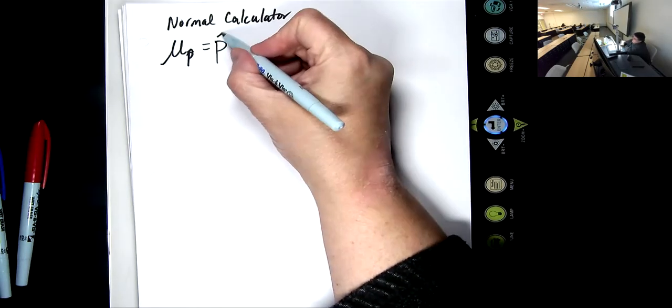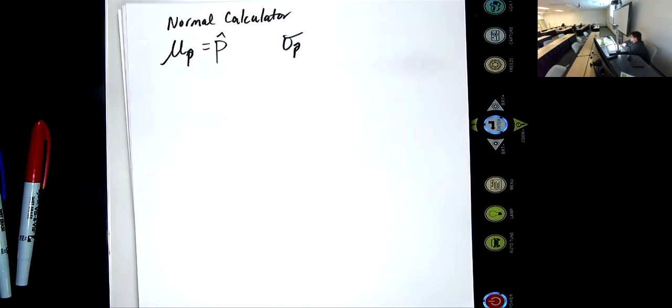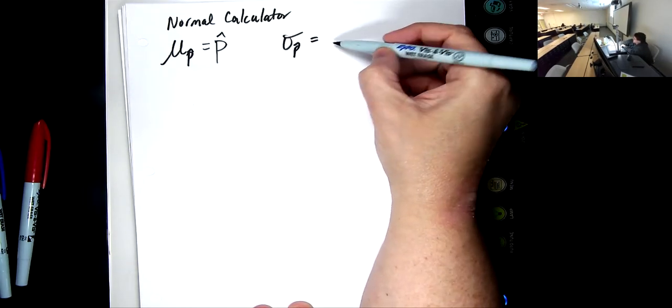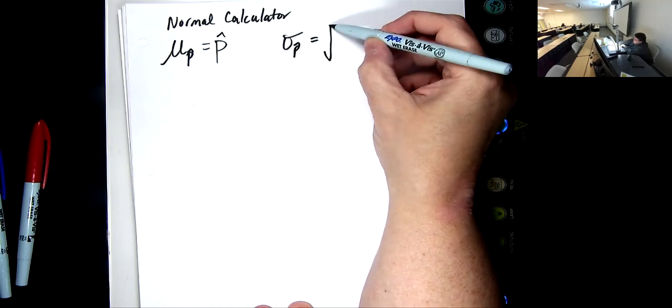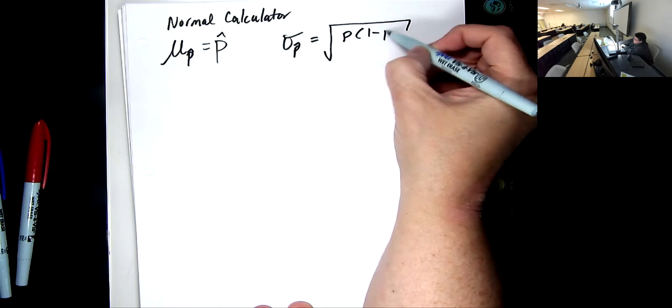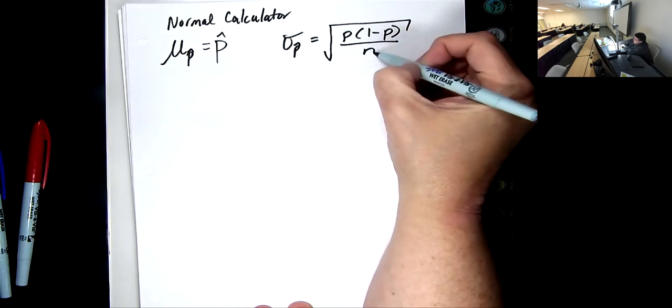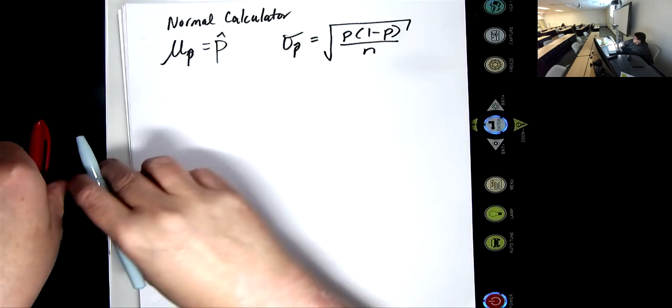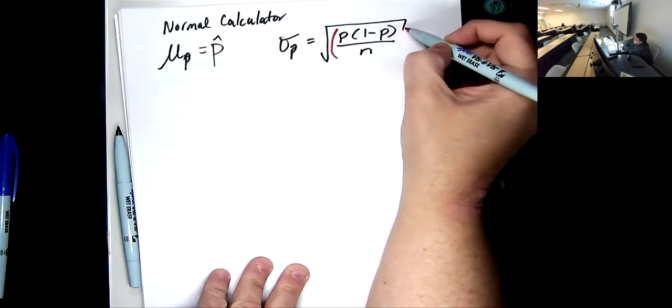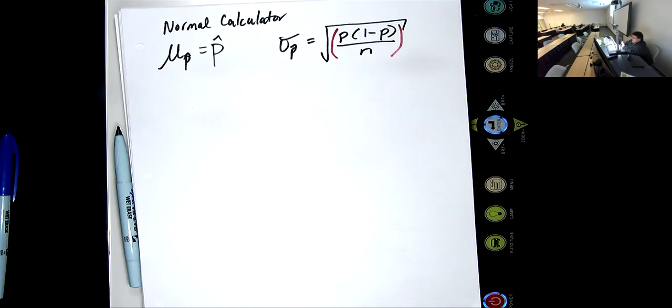It will be equal to the point estimate. This one is a little more work. It's the square root of p times 1 minus p divided by n, all inside the square root. So you have to do all of that first, then take the square root.